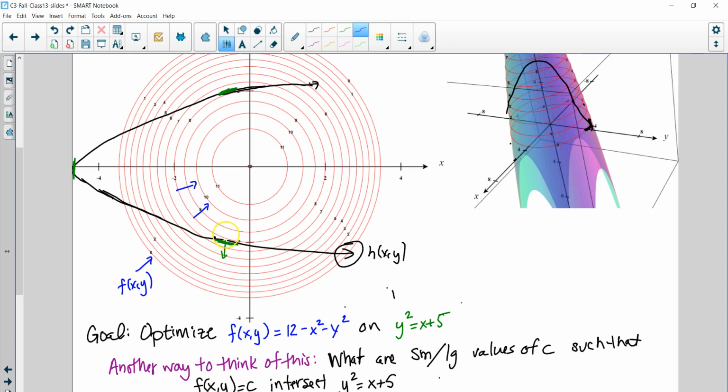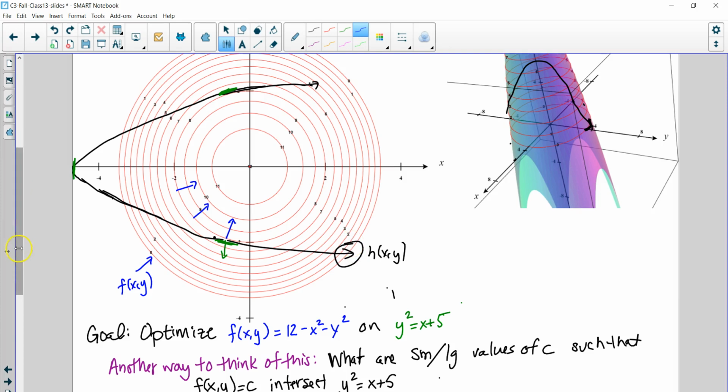And so at this point of tangency, wouldn't the gradient point up the hill? Yeah. Okay, so that is to say that if I look at the gradient of f and compare it to the gradient of h, I think they're actually going to be parallel.